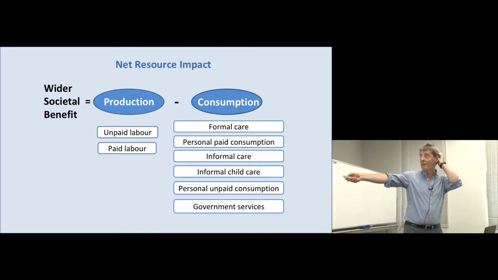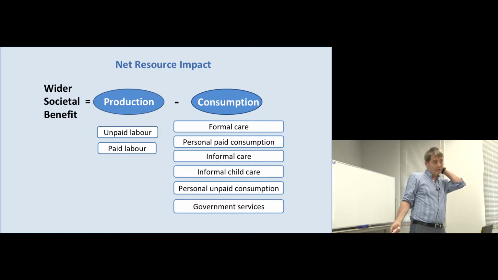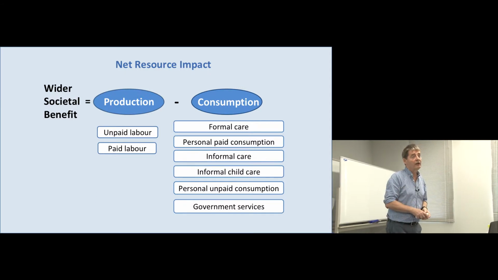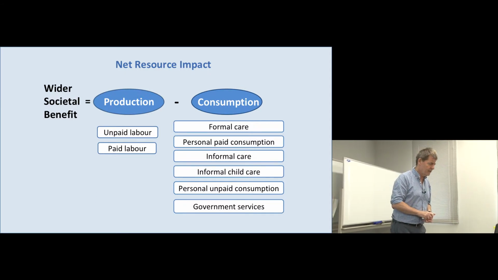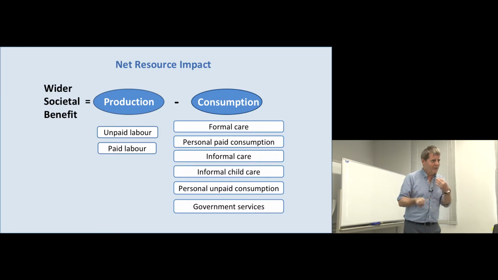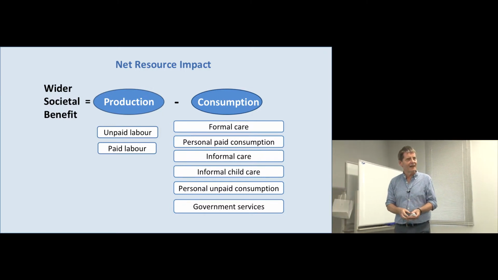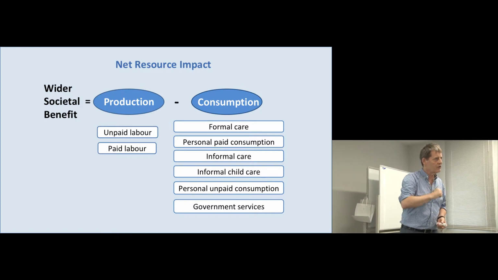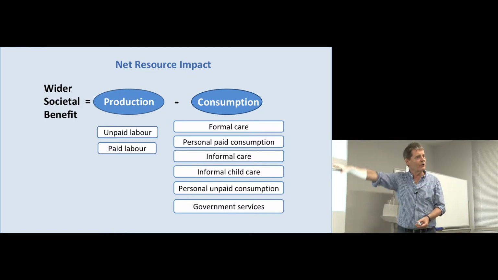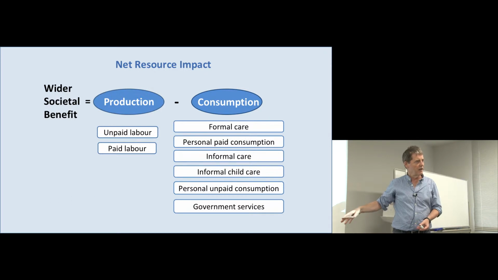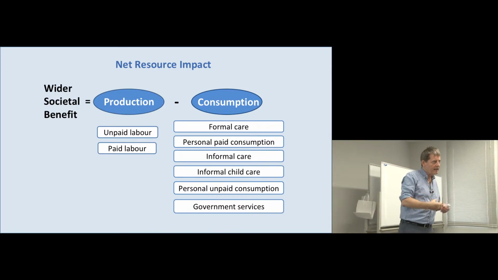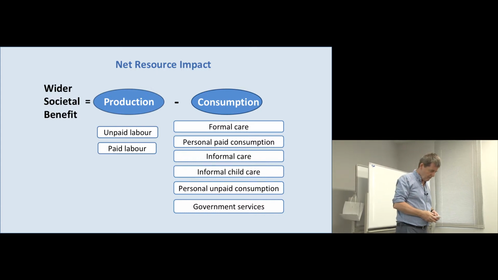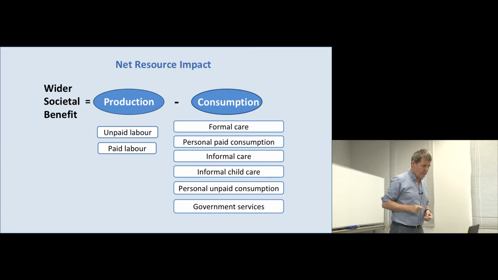And informal care might go down as well, because one of the biggest sources of care for sick people is informal: family, neighbours, friends. Perhaps you begin to get the idea here. The QALY, looking at survival and change of health state, doesn't capture any of this really. There are wider societal benefits that are missing, and they could be summarised through this difference between production and consumption.